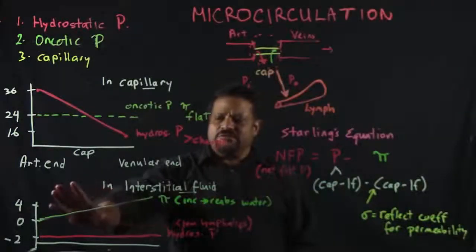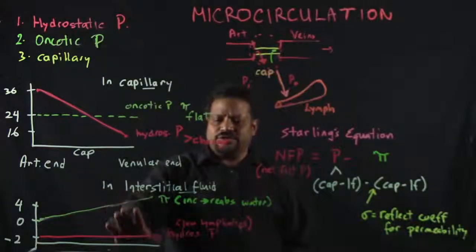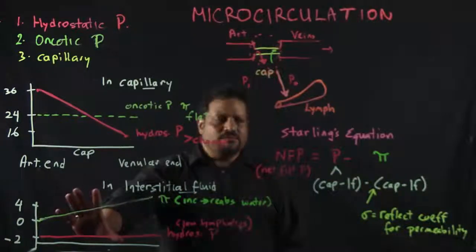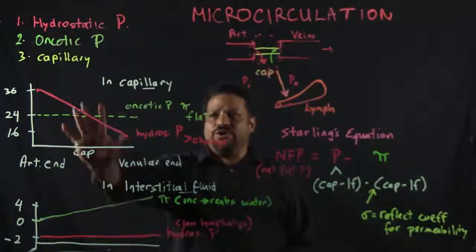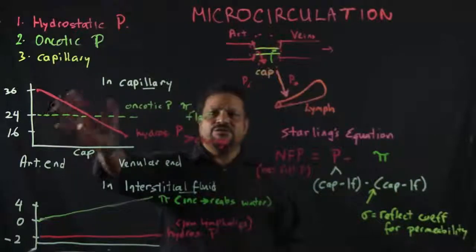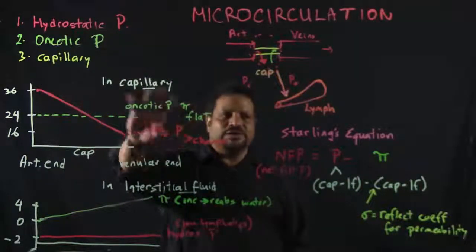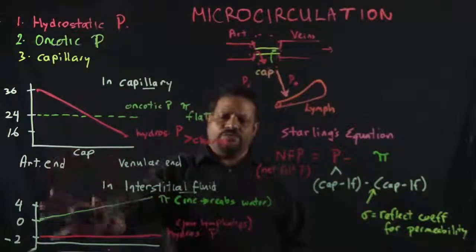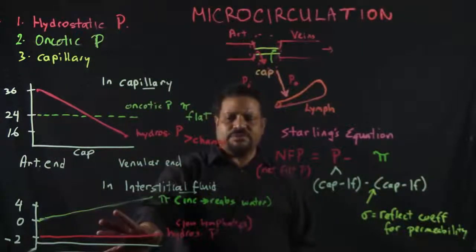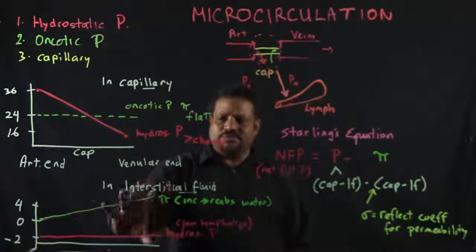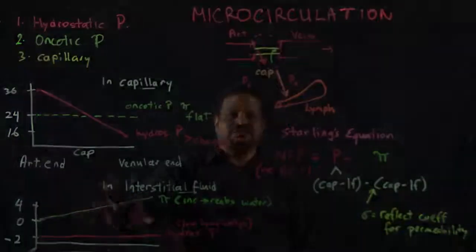In the interstitial fluid, the oncotic and hydrostatic pressures are much lower than in the capillary. So the major player for this microcirculation is the capillary, and the interstitial fluid only plays a role if you have problems, where you change the pressures in the interstitial fluid.